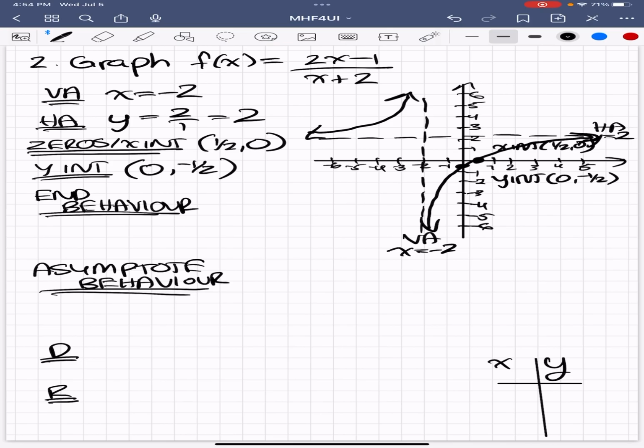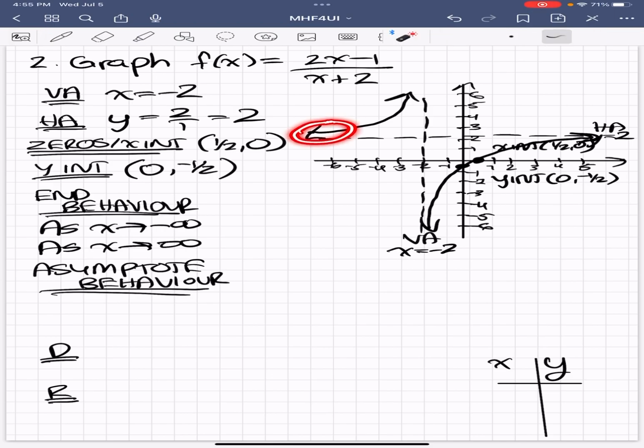And now let's do end behavior. As x approaches negative infinity, the graph approaches 2, but above the HA.